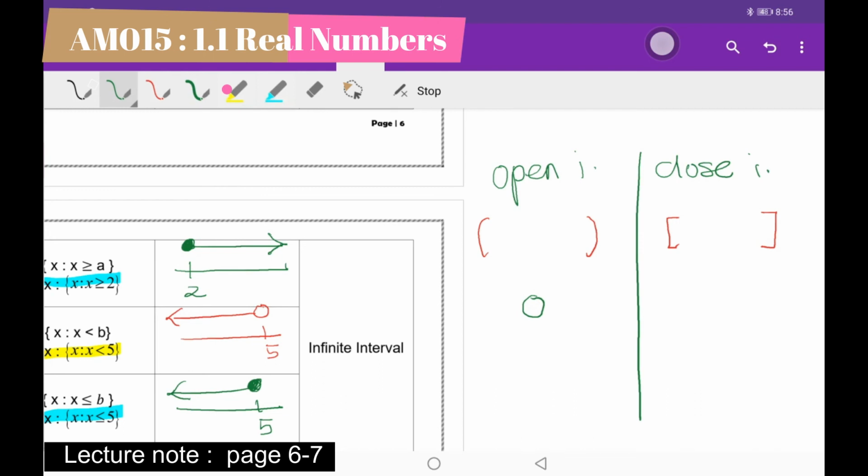However, for a square bracket, you need to use a dense circle to include the number. Alright? For the inequality sign, for open interval, you will have greater than or less than without the equal sign. But for closed interval, you are going to have greater than or equal to, or less than or equal to. Okay? So as a conclusion, these are the things that you already learned.